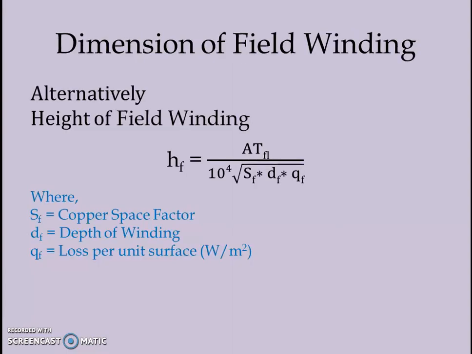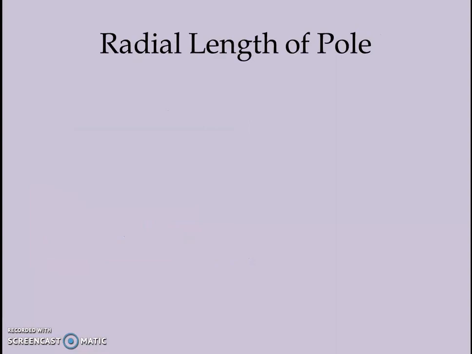So from this equation, the height of the field winding can alternatively be calculated, and once the height of the field winding is available, then the radial length of the pole is the addition of HF, that is the height of the field winding, plus HL, that is the height of the pole shoes, plus 0.02 meter, which is the space left for the insulation in between, and we require some fixtures of flange to fix the field winding.